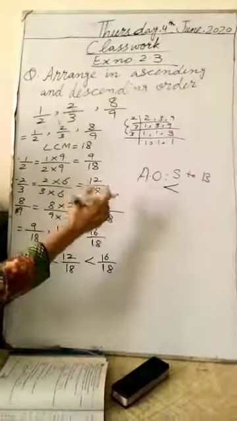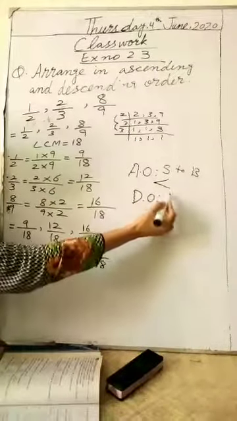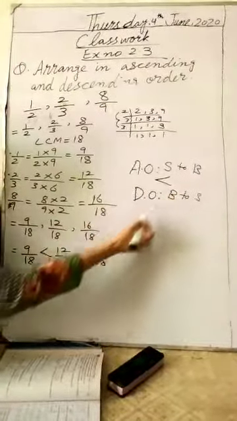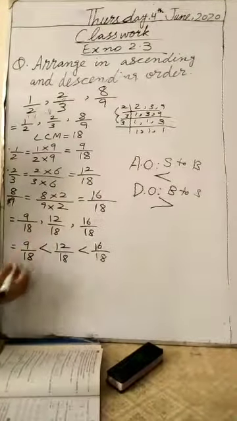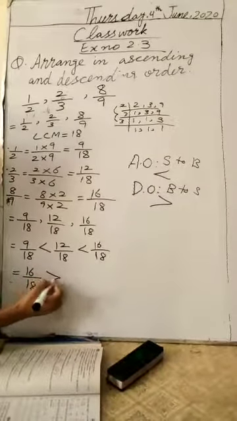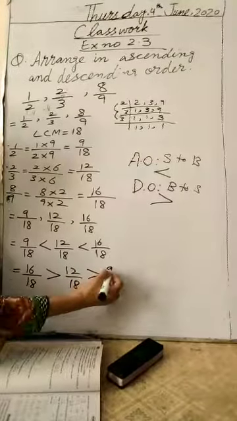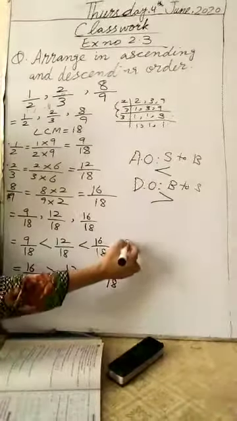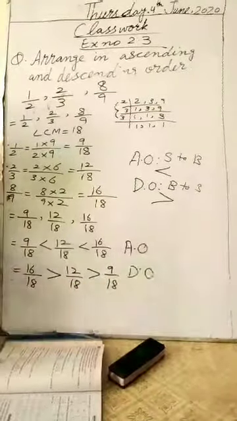If the question is descending order, it means go from big to small with the greater sign. The bigger value is 16 over 18, then greater than 12 over 18, greater than 9 over 18. So these are for ascending order and these are for descending order.